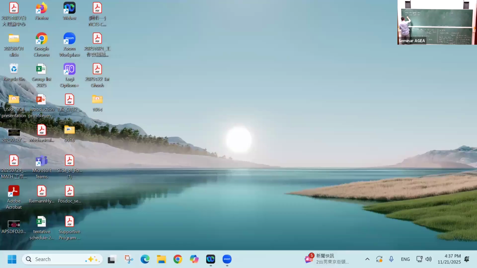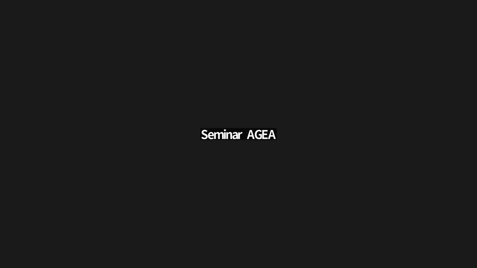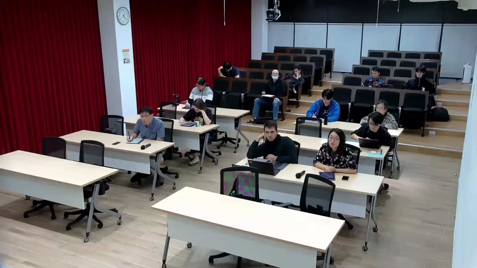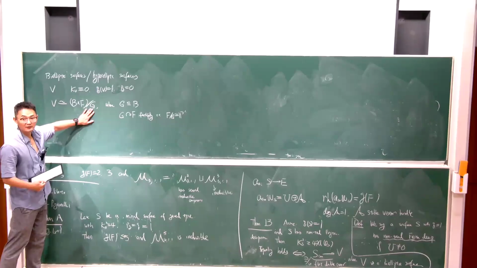So V is isomorphic to B times F modulo G, where G is a subgroup of B, and it acts on B by translation, and G acts on F faithfully, such that the quotient F/G is P1. So this is the basic structure of V, and we can also then determine the group G.